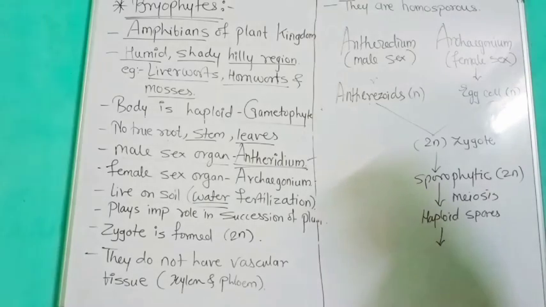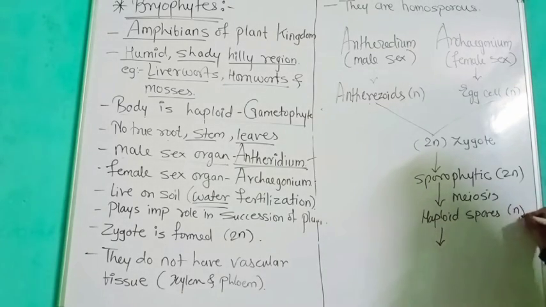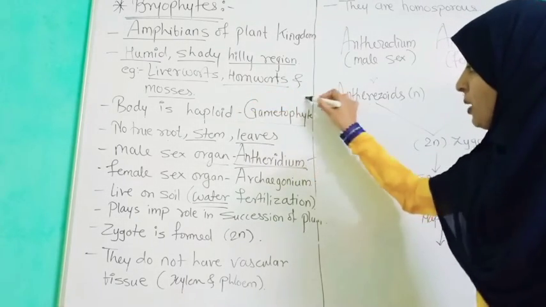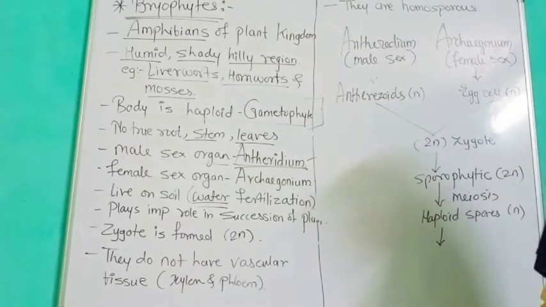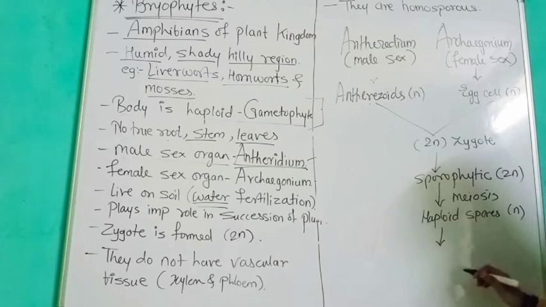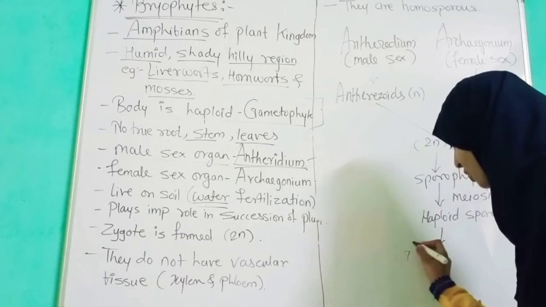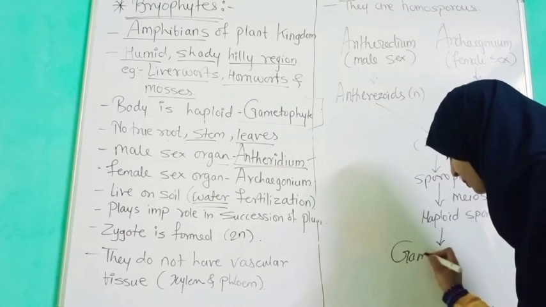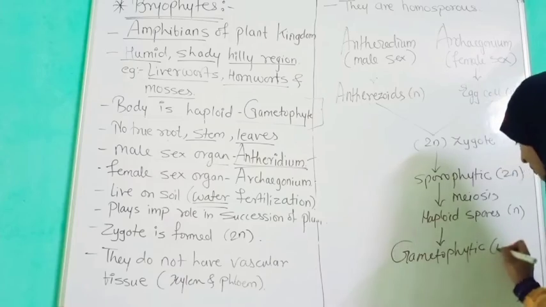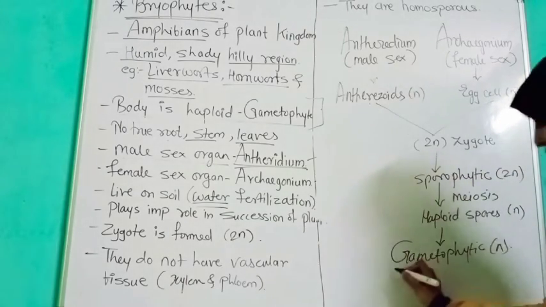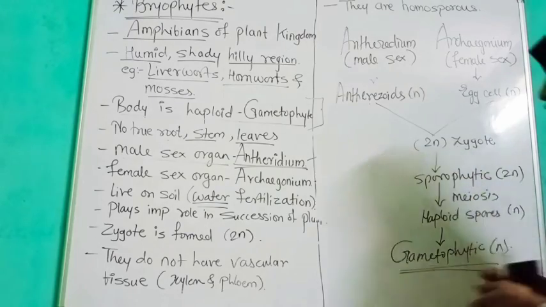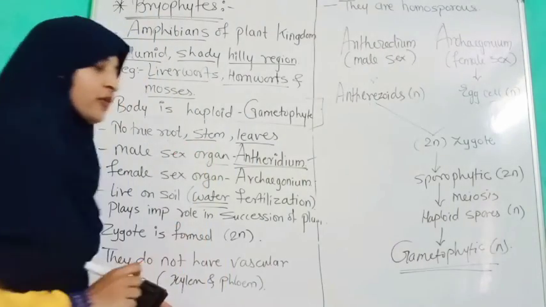From haploid spores, a new gametophytic body forms. As we have said, the main plant body is gametophytic in nature. So from haploid spores a new haploid gametophytic plant body is formed. This is the plant body of a bryophyte which we can see. So this was about the bryophytes.